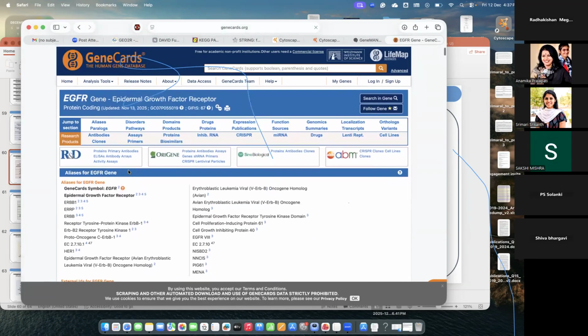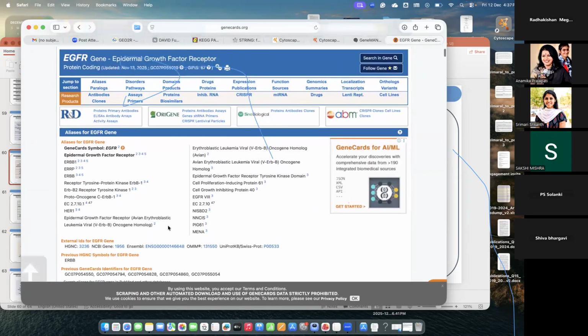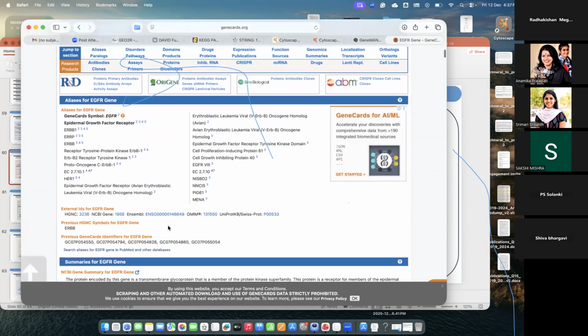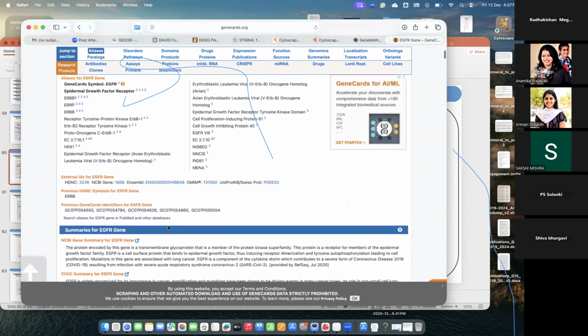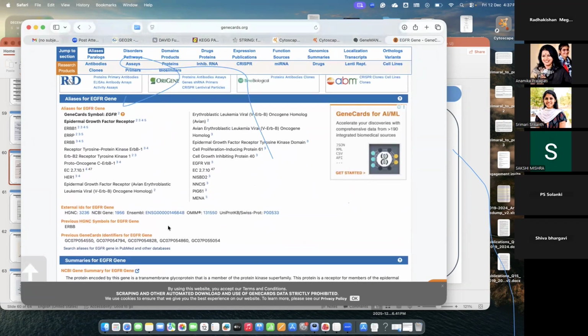If I have a protein name, you can type the protein name itself, and it will pull out all the entries. So we can also get it. Each gene has its reference number according to the organism, an organism specific number. Okay, I will try these two things. Thank you so much.